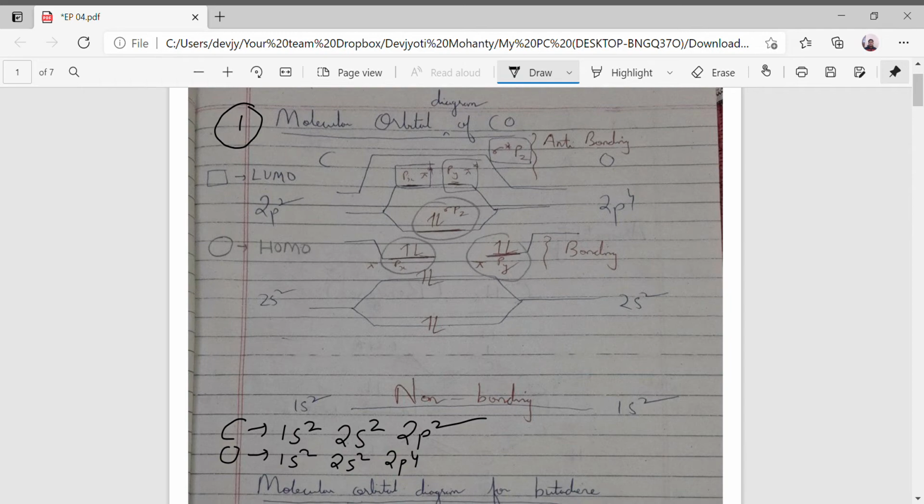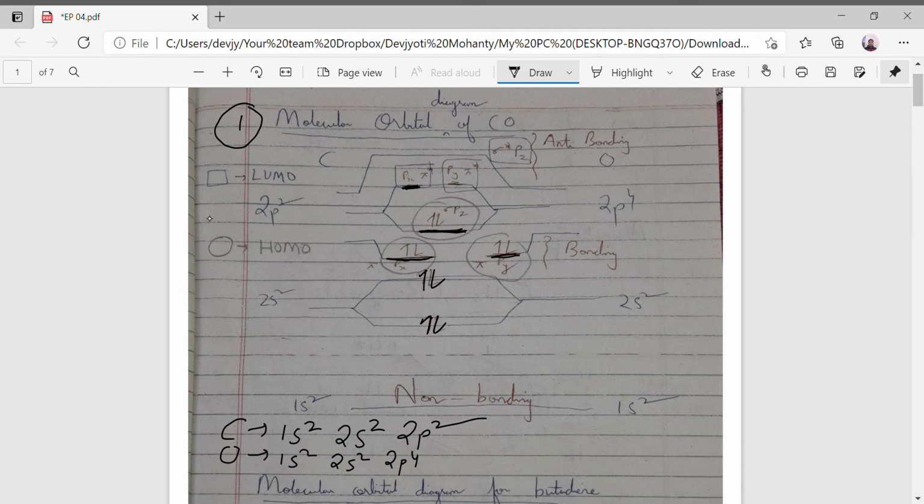So the first one is non-bonding, the second one has already made 4, because 2 plus 2 is 4. Then the third one has to make 6. These two are the pi bond, and this is the sigma bond.